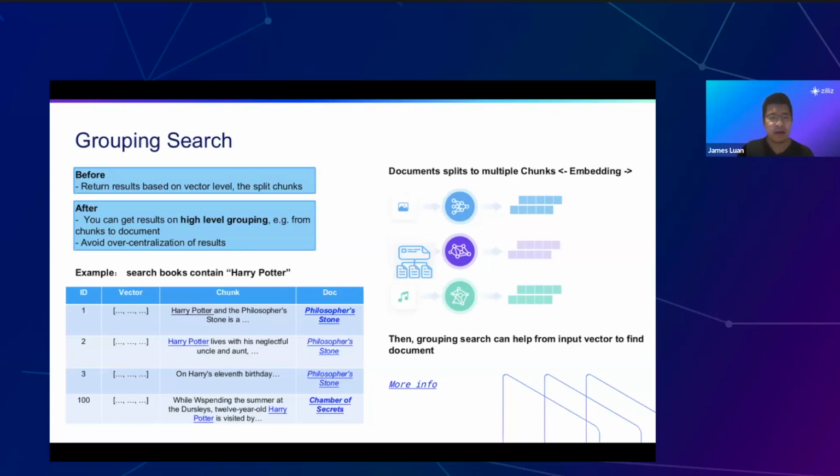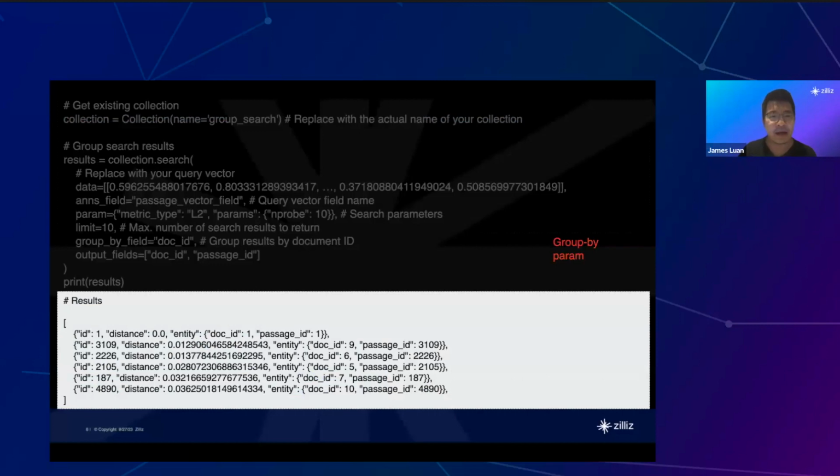All right. So that is how we're going to use this grouping search. You have one collection with data with one ANN field. You also have this group by field, which is usually a document ID. When the output comes, you're asking for document IDs and also passage IDs, which are like the chunk IDs, right?